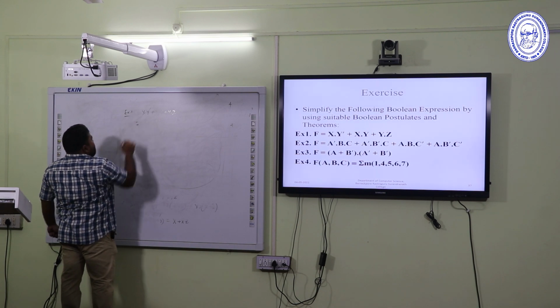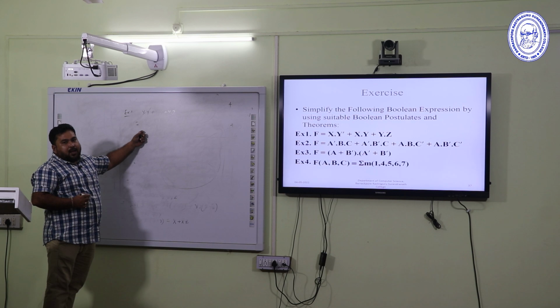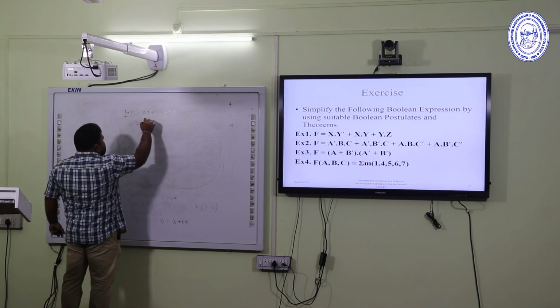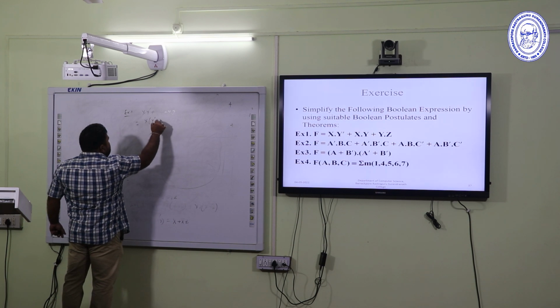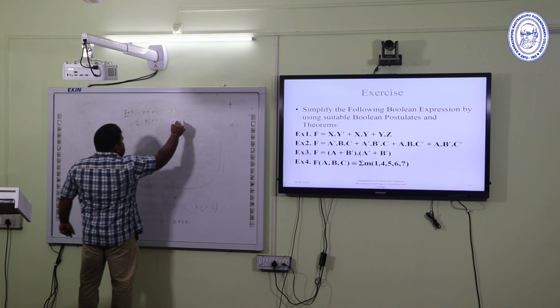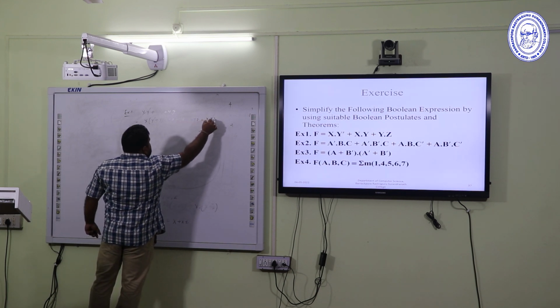That means we have to evaluate this statement by using Huntington's postulates. So if we take x common, that is y prime plus y, plus yz, and we can get y plus y prime is equal to 1, so 1 plus yz, that is equal to x plus yz.